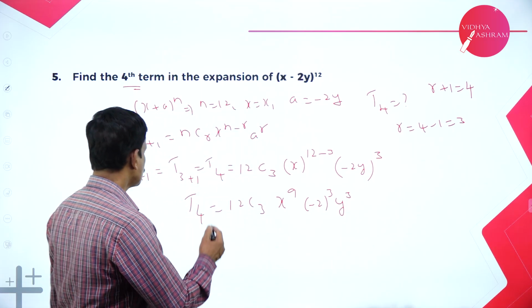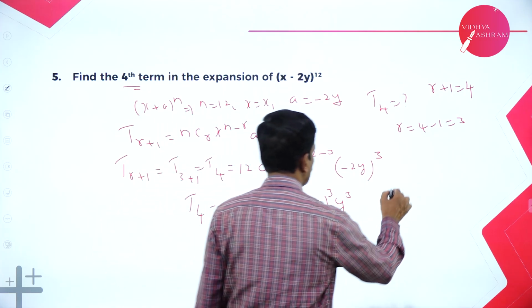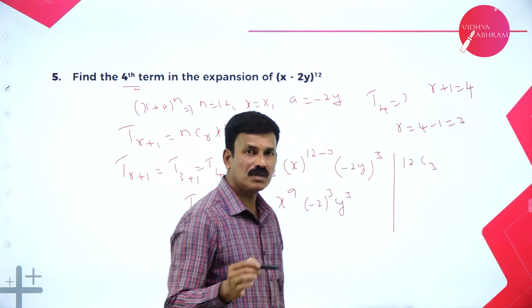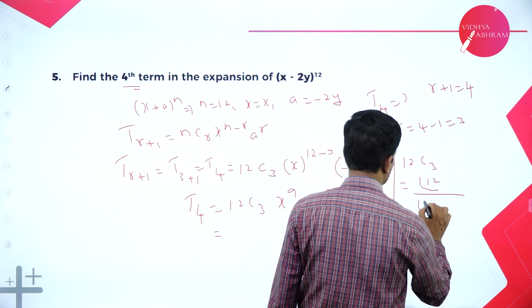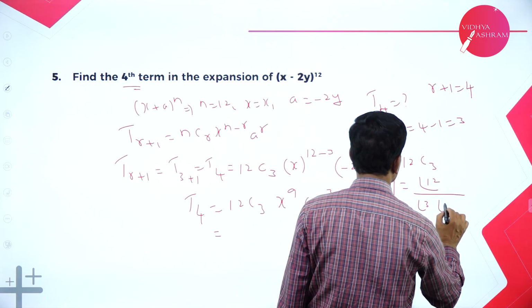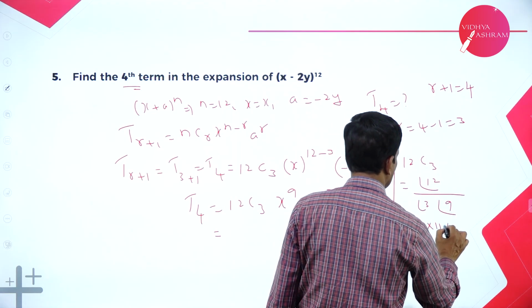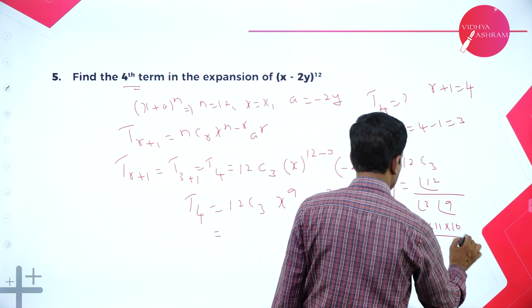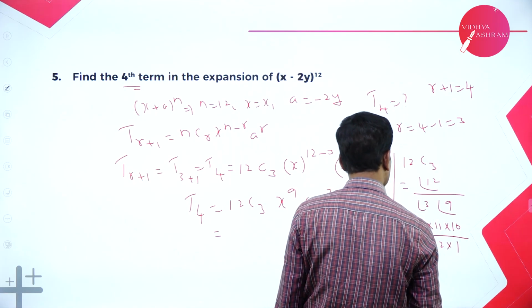Simplify this. Now this 12C, this is nothing but 12C3. What is the value of 12C3? The value of 12C3 is equal to 12 factorial divided by 3 factorial into 12 minus 3, which is 9 factorial. So this is 12 into 11 into 10 divided by 3 into 2 into 1, as 9 factorial gets cancelled.